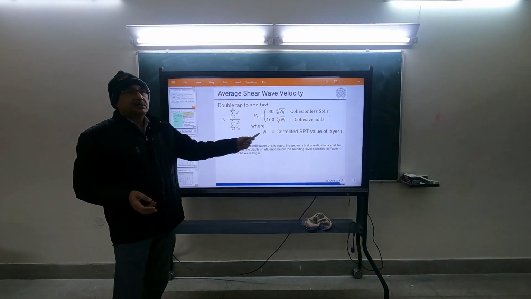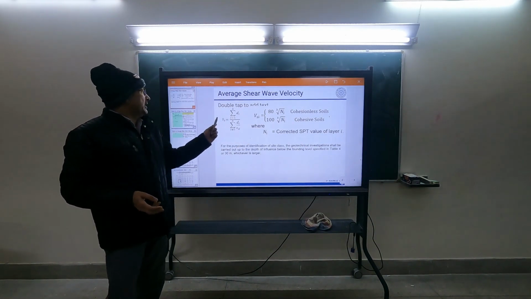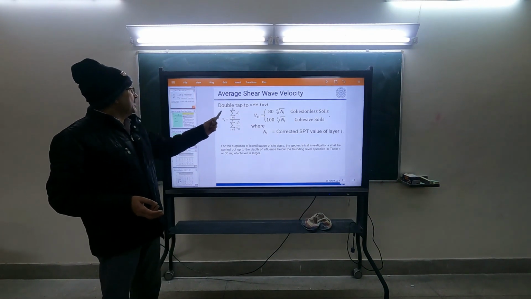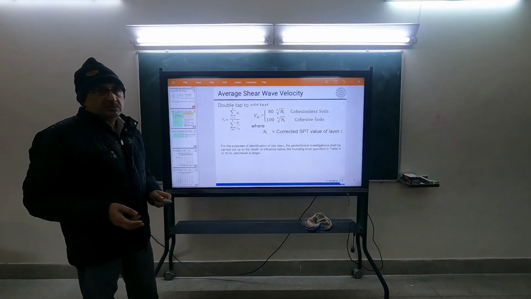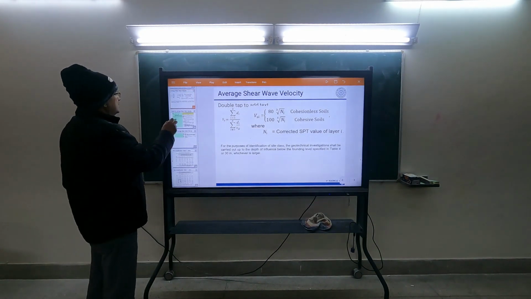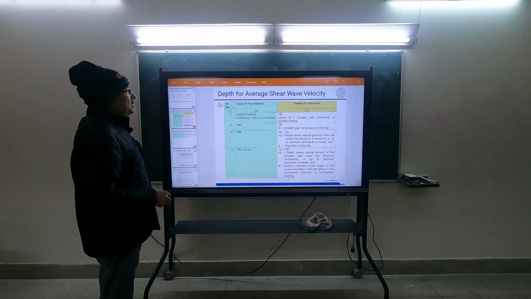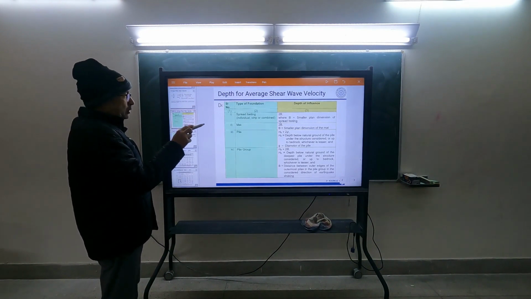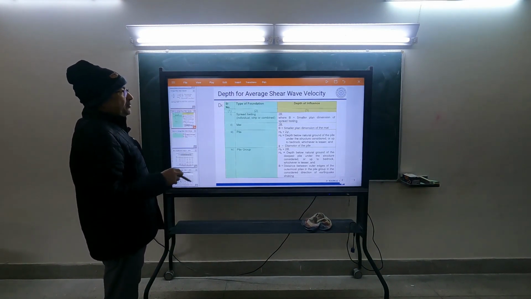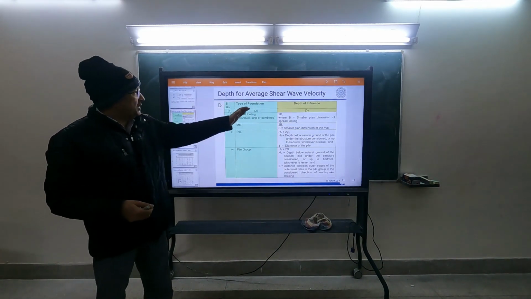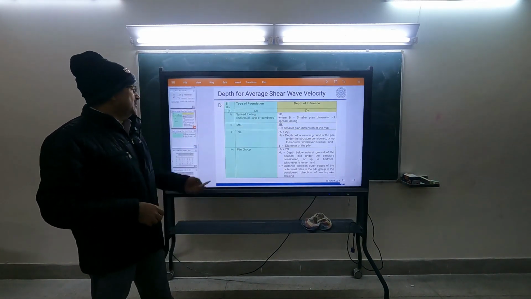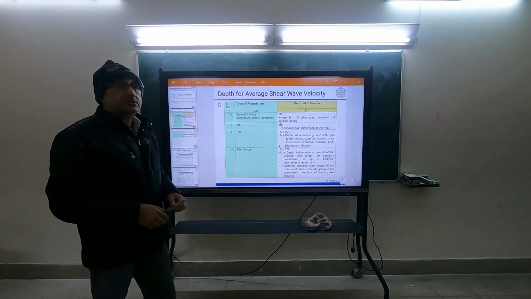An empirical formula is available in our revised code. You can calculate shear wave velocity and then the average shear wave velocity like this. Then the code also gives the depth for which we have to consider the average shear wave velocity, not 30 meters, but what depth we have to consider. In different cases, that is also given.